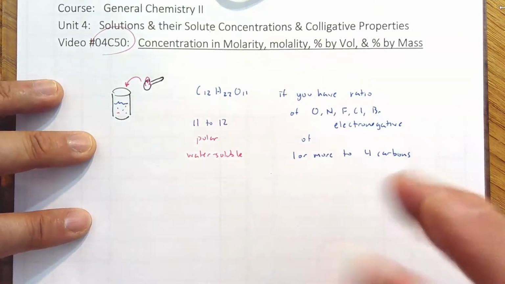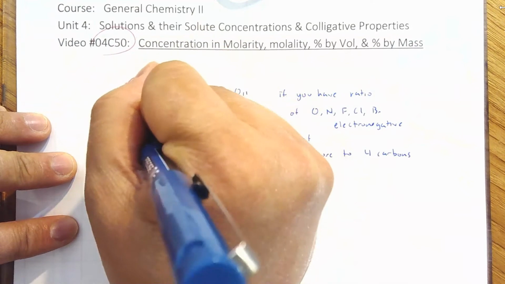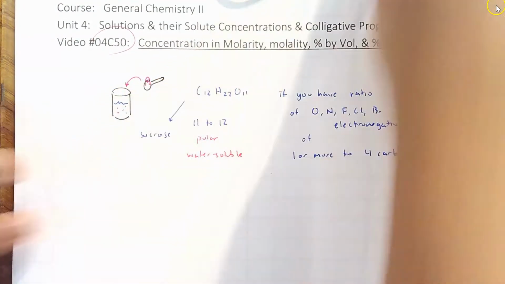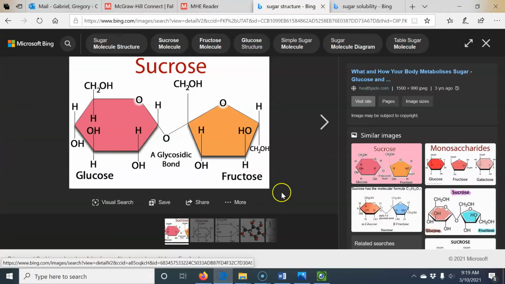The name for table sugar is sucrose. Let's take a look at the structure of sucrose real quick. Okay, and you can see that actually they don't write out the carbon atoms for the ones that are intersecting here. Every time you see an angle, you could assume that that is a carbon atom.